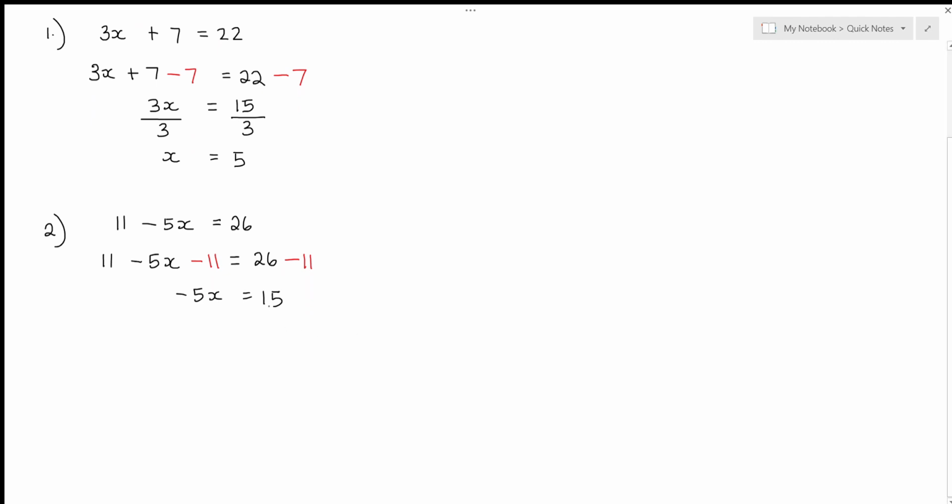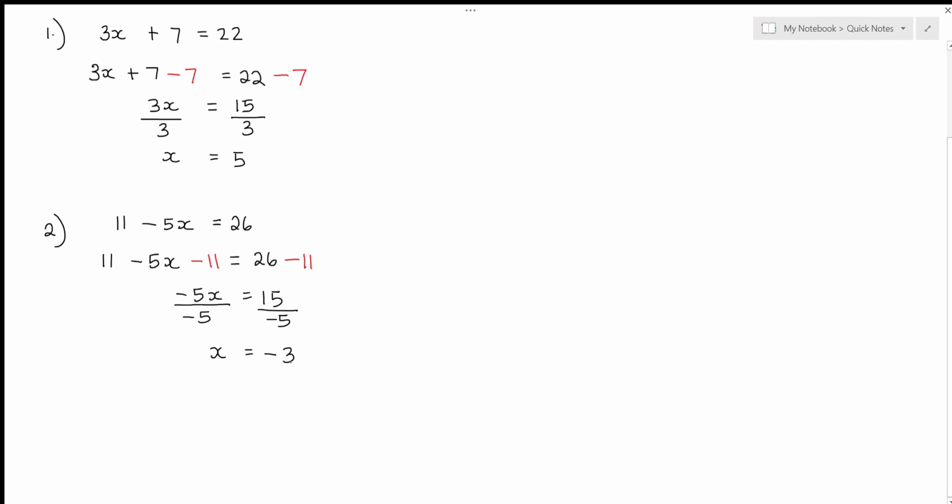So the inverse of multiplication is basically going to be division. So I'm going to have to divide by negative 5. If I divide the right-hand side by negative 5, a negative divided by negative will give me a positive, so I'm left with positive x. Equal to a positive divided by negative will give me a negative, and 15 divided by 5 will give me 3.